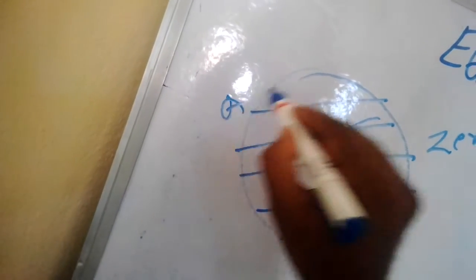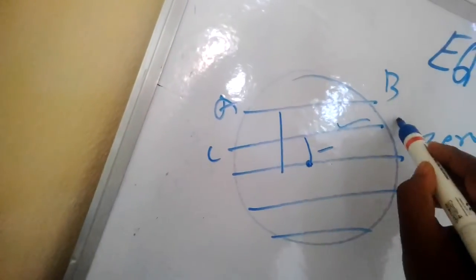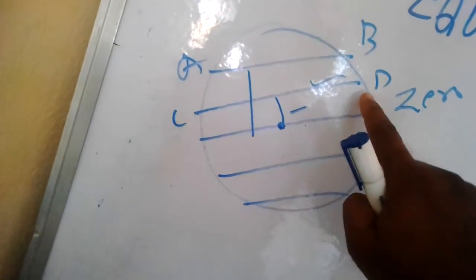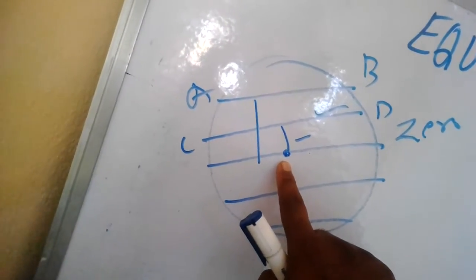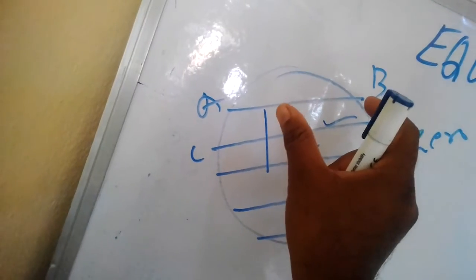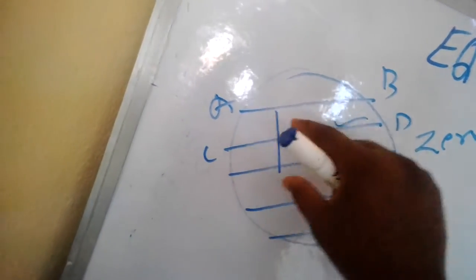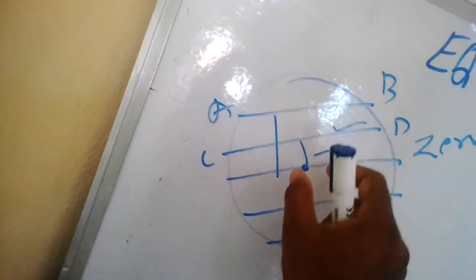Clear? I will name them AB and CD. CD has the maximum length because it is nearer to the center of the circle, and chord AB has a minimum length compared to CD because it is far away from the center.